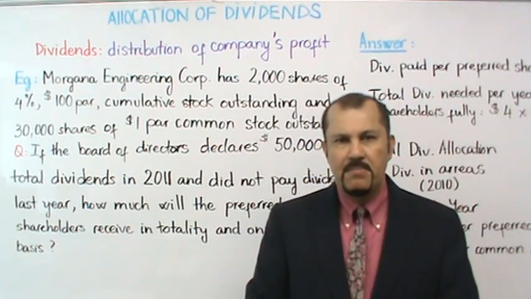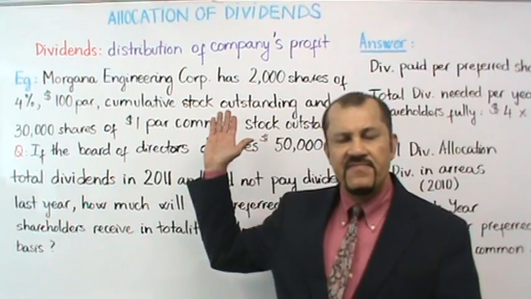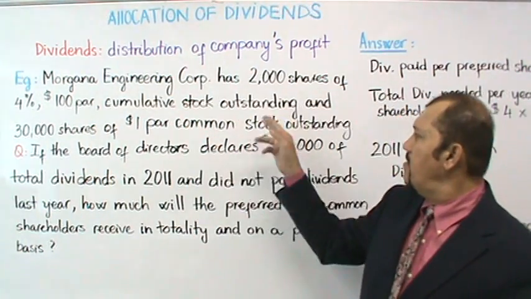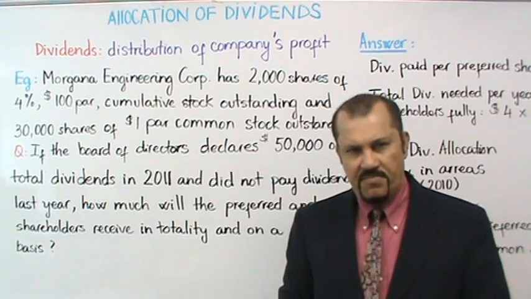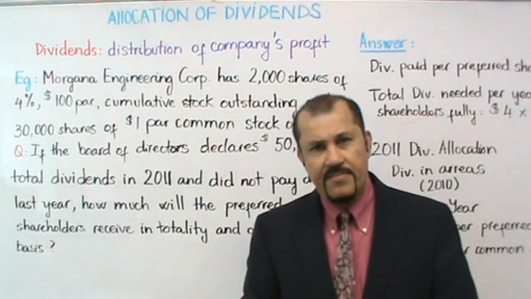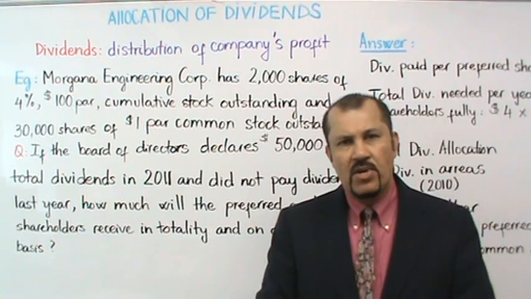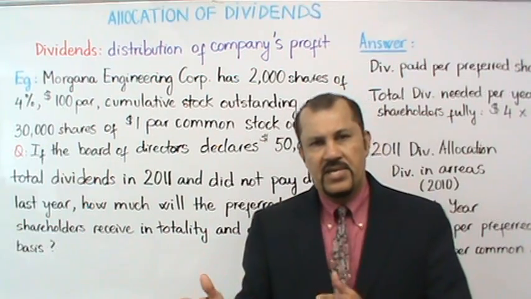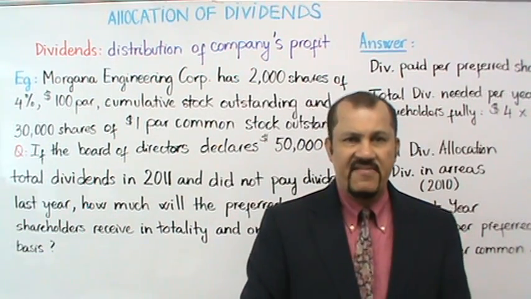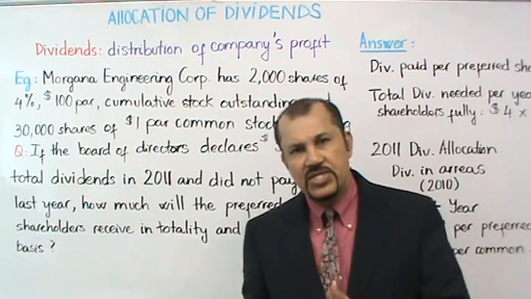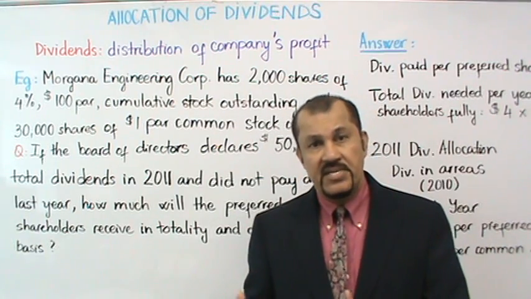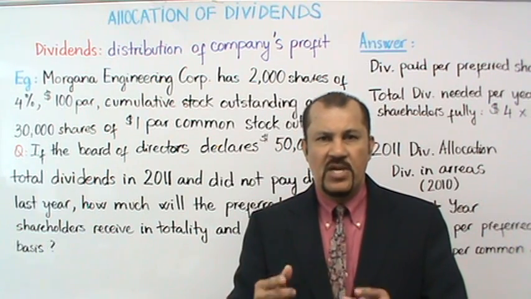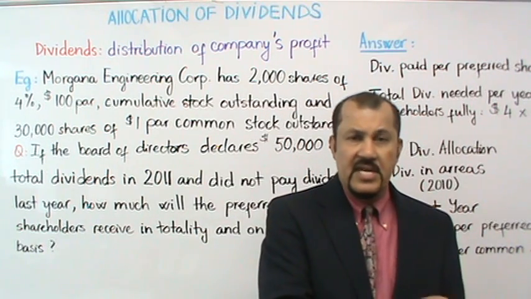The next point you want to keep in mind is whether the preferred stock is cumulative or non-cumulative. Looking at the data here, in this case your preferred stock is cumulative. So what does that mean? If the preferred stock is cumulative, that means that if the company goes past a year without paying any dividends, then the next year, if the company declares dividends, it would have to satisfy the preferred shareholders fully for the year that they did not pay.